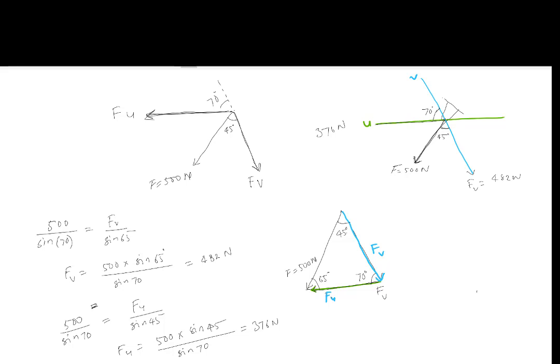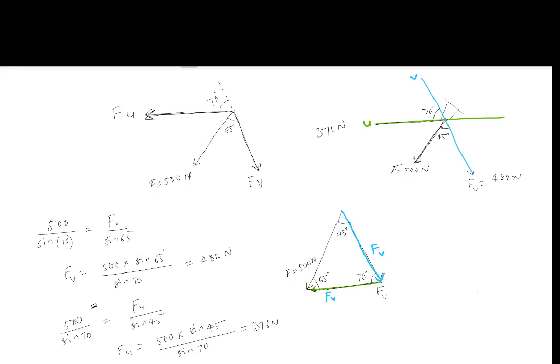To summarize the steps: Fu and Fv we don't know, we need to find those. We're given F equals 500 Newton and these angles. Move Fu parallel to itself until it is in head-to-toe fashion with Fv, and then F, the resultant, becomes the closing side of the triangle.